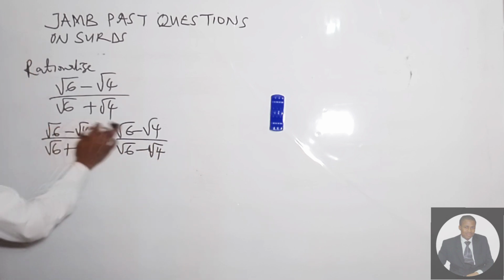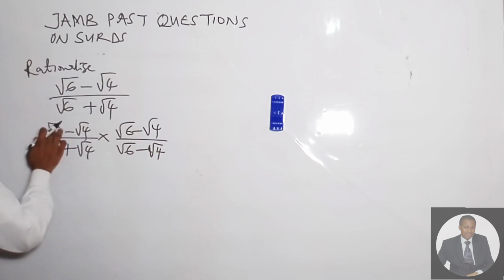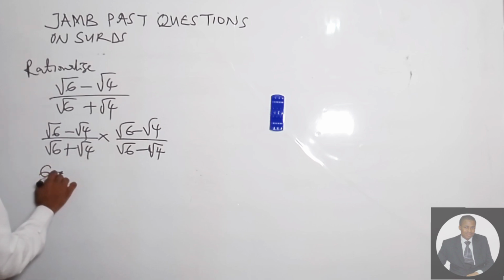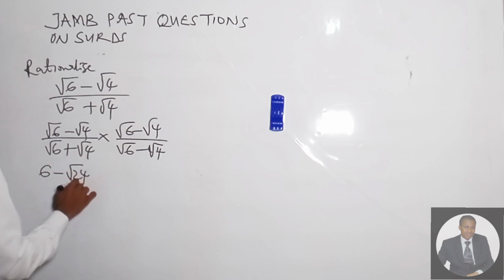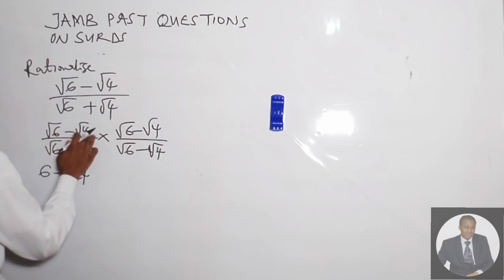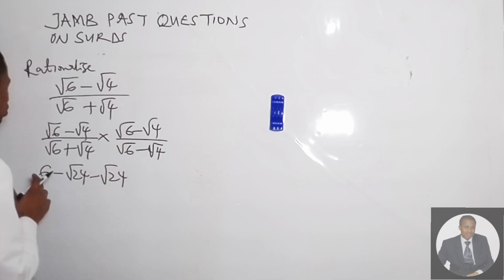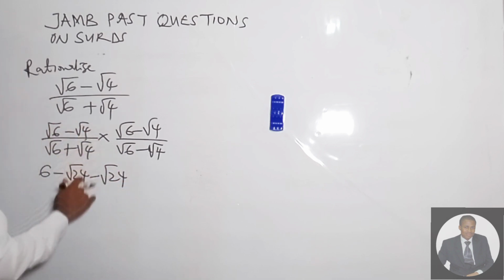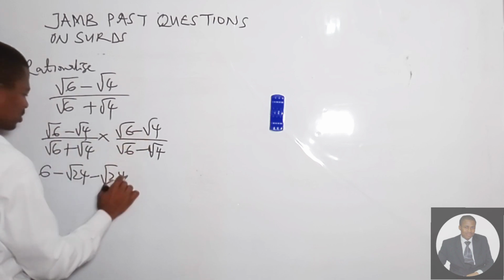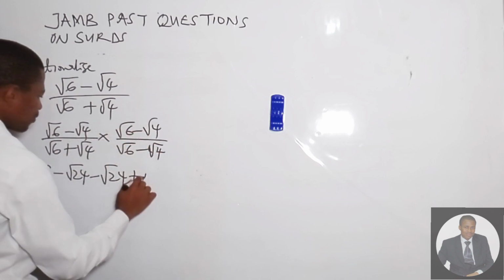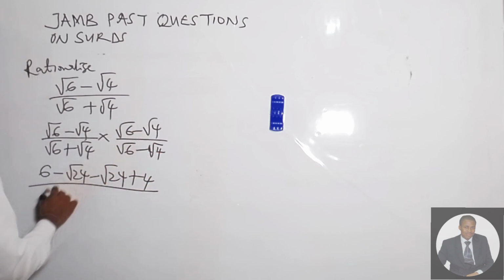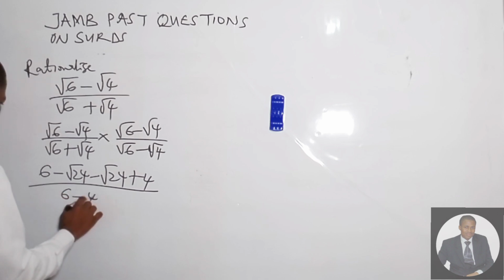So root 6 times root 6 is 6. Root 6 times minus root 4, that's minus root 24. Minus root 4 times root 6, minus root 24. Minus times minus is plus. Root 4 times root 4 is 4. Over, these are conjugates, so what we have will be 6 minus 4.